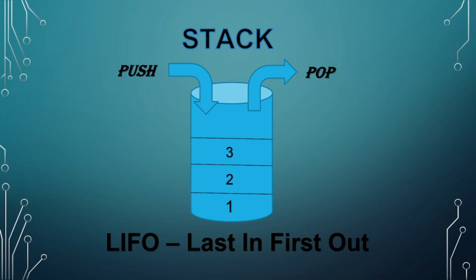So the stack works based on a principle called last in, first out. The element inserted last can be taken out from the stack first. That's why we say the stack follows the LIFO principle.